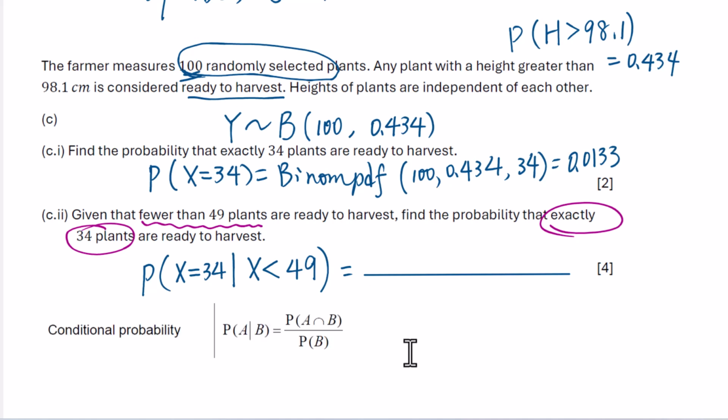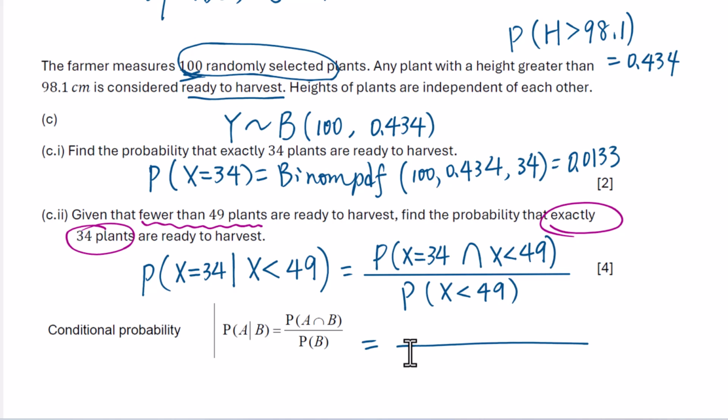This is the formula for conditional probability: probability of X equals 34 intersection X less than 49, all over probability of X less than 49. Top equals the probability of X equals 34. Bottom equals the probability of X less than or equal to 48.